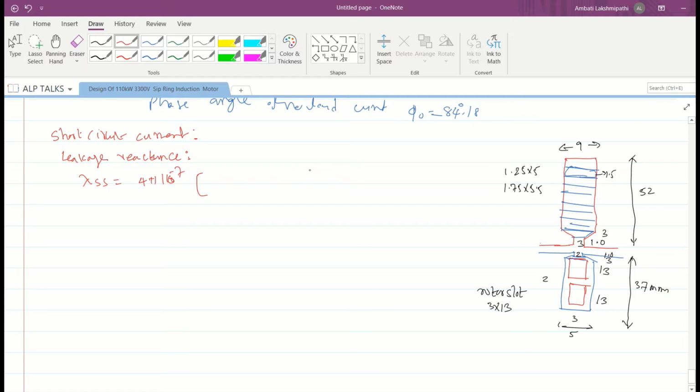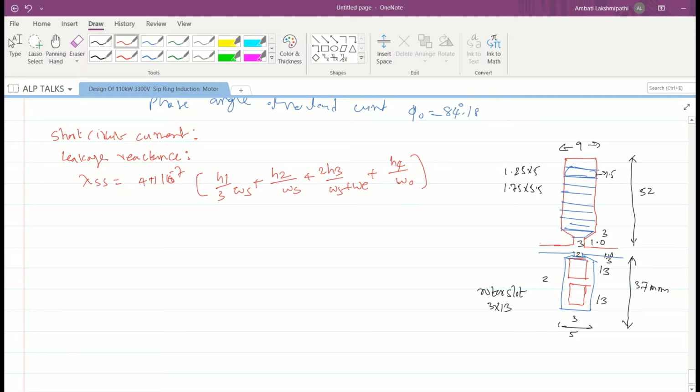So let's calculate it: h1 by 3 ws plus h2 by ws plus 2h3 by ws plus h4 by we, otherwise we can say w naught. This is the basic formula we have for this job.